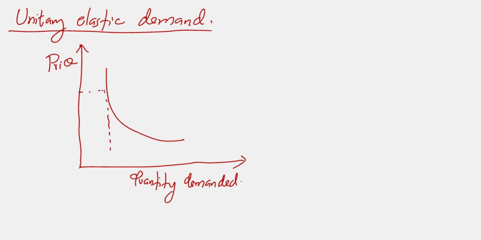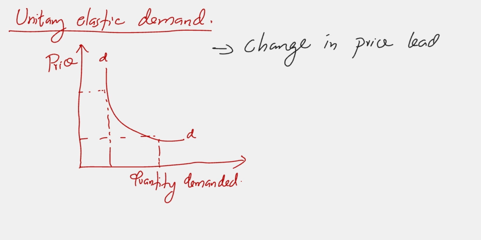And here we mean that where we have unitary elastic demand, it's a case whereby a percentage change in price will lead to an equal percentage change in quantity demanded. So you say that in this case, change in price will lead to an equal change in quantity demanded.